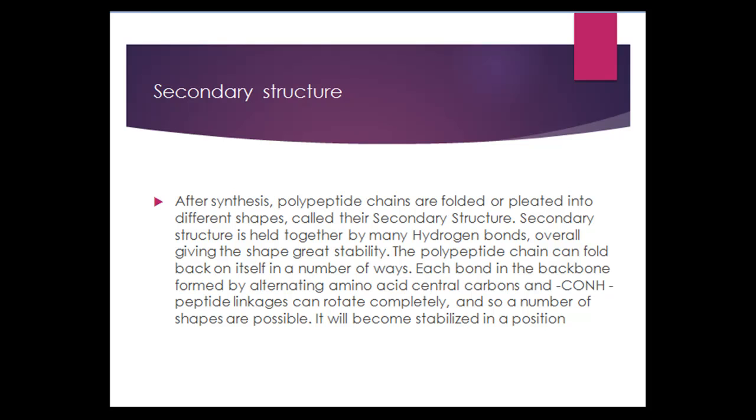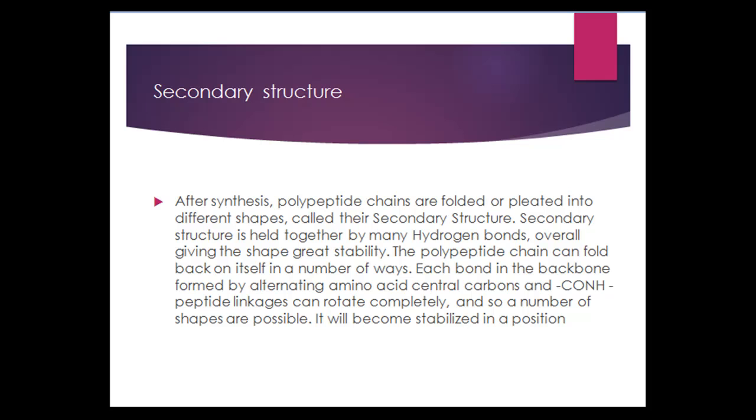After synthesis, polypeptide chains are folded or pleated into different shapes called secondary structure. Secondary structure is held together by many hydrogen bonds, which overall give the shape greater stability.